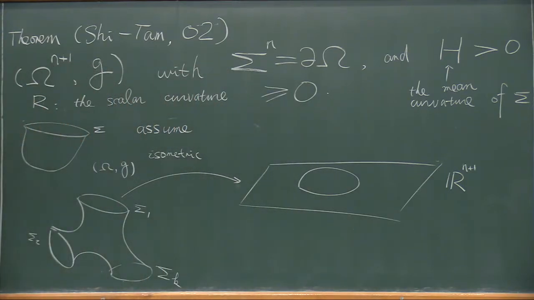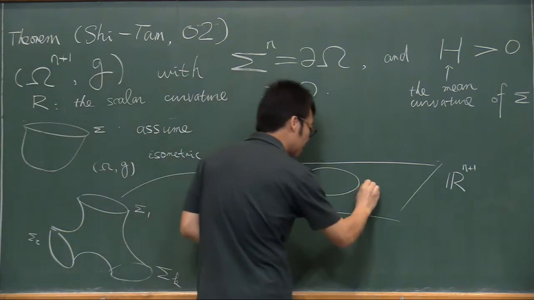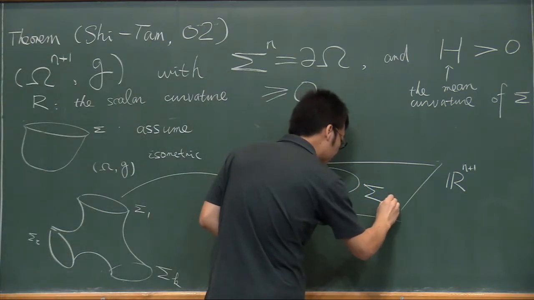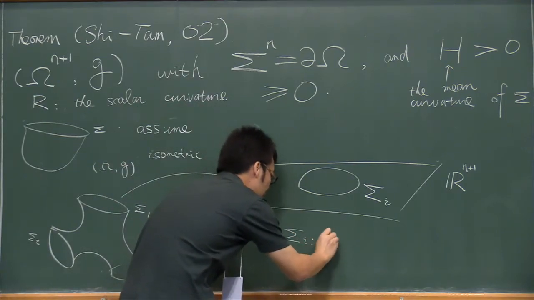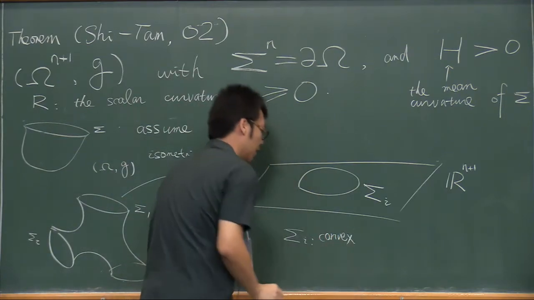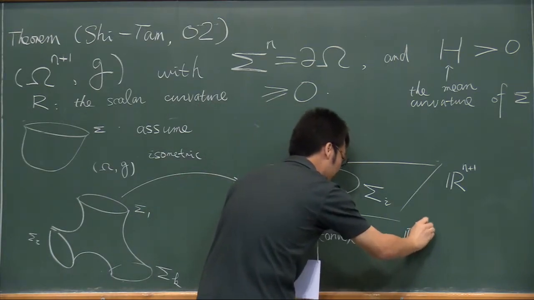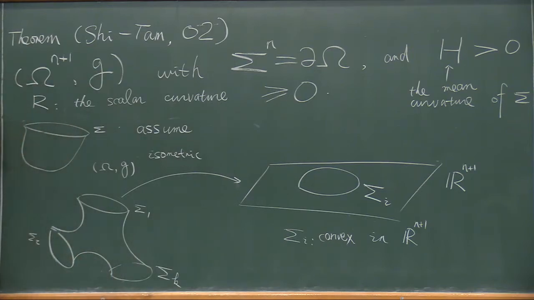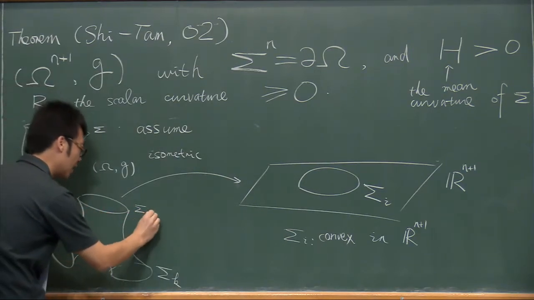So the extra assumption here is that each boundary component is isometric to a convex hypersurface, Sigma_i is convex in R^(n+1). Here I will change the index 1 to i.